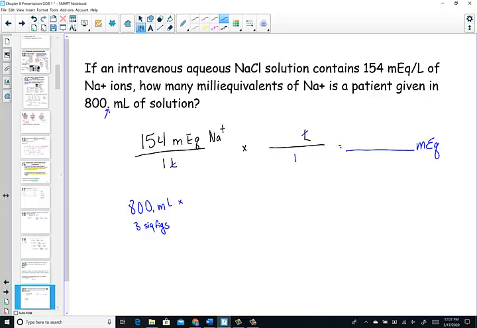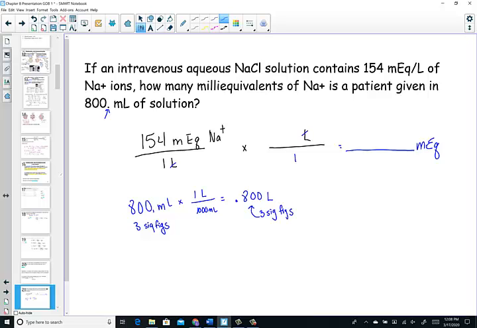And I know that in every 1 liter, there is 1,000 milliliters. So this is just a simple slide of the decimal, 3 places. Make sure that you still report 3 sig figs in your answer here as well.